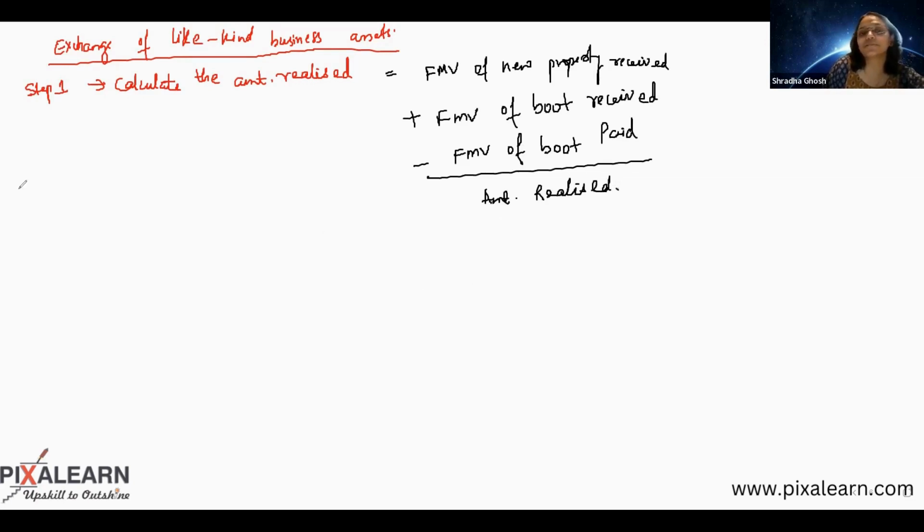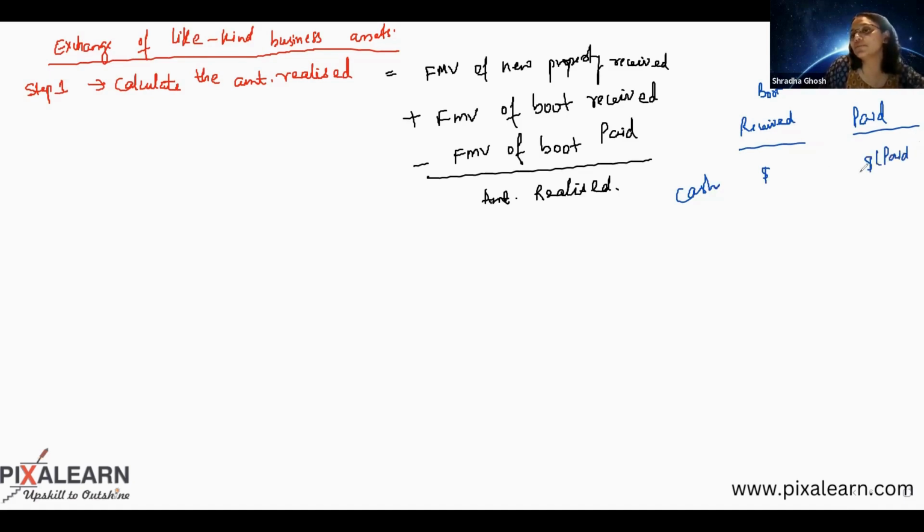So if I tell you what is boot, okay, and if I draw a small chart and if I tell you, okay, what is this boot? You say, okay, I might call it boot received and boot paid. There might be some boot which is received. There might be some boot which is paid. What is boot? We say, okay, when it is cash, it is $1 that I'm receiving or it's $1 that I'm paying.